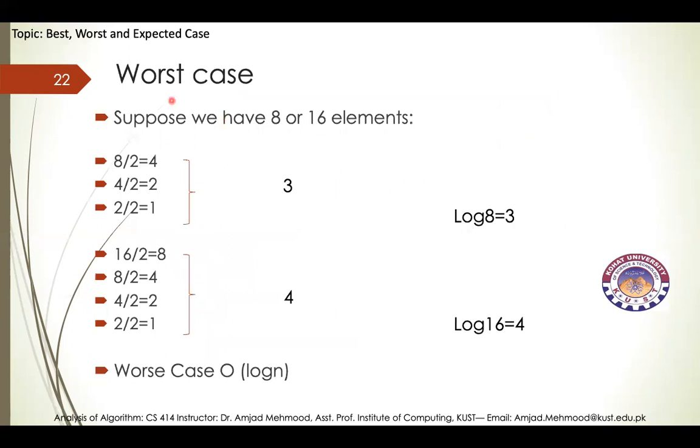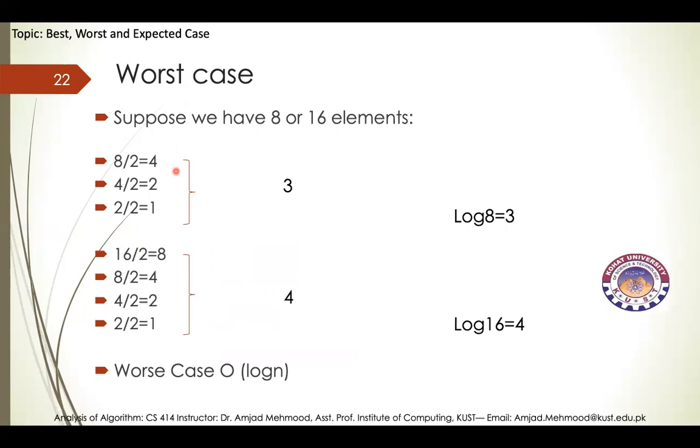Like you can see here, worst case, suppose we have 8 or 6 elements in the list. If you have 8 elements and you don't find the element at the start, you will divide 8 by 2 and get the mid. So you will reach 4.